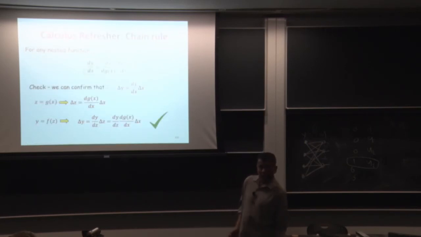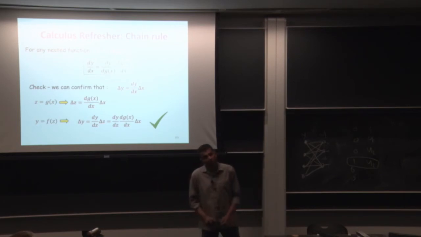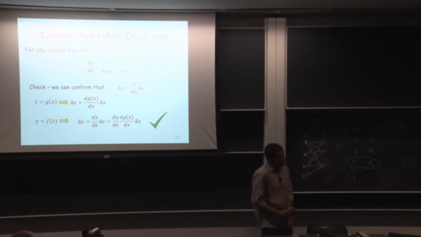Now the chain rule. How can you actually check the chain rule? Let's say I have the function y equals f of g of x. Then dy over dx is dy over dg(x) times dg(x) over dx. This is what you've learned in school. Let's see if this can be worked out using the basic definition of derivatives.